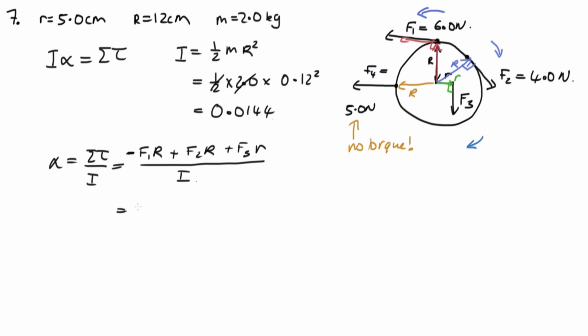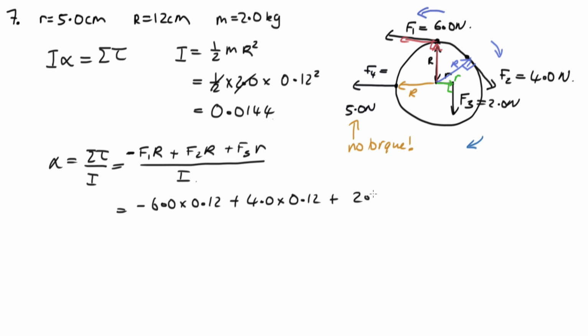So now we can substitute in. We've got minus 6 times 0.12 plus 4 times 0.12 plus F3, we're told in the question, is equal to 2.